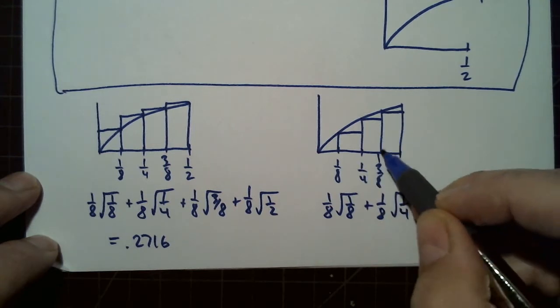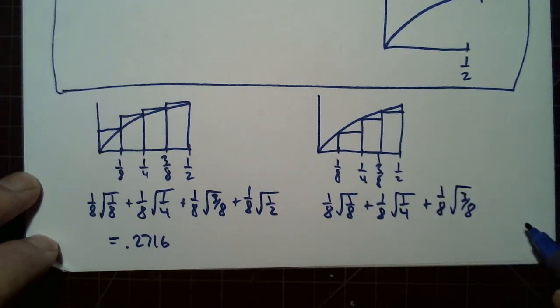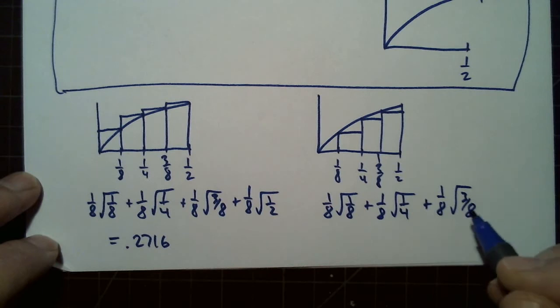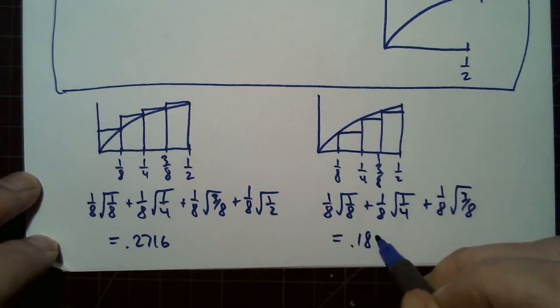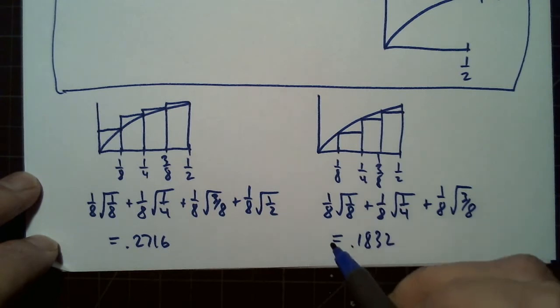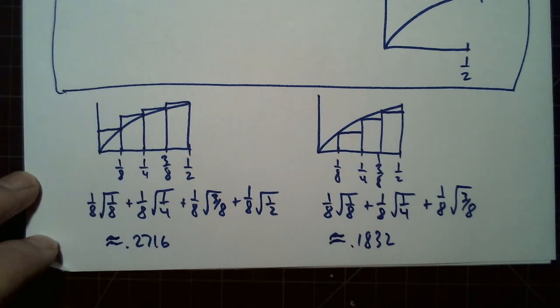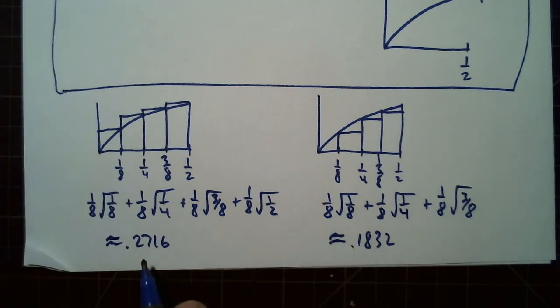And the height of this rectangle is at 3/8. So that's going to be 0.1832. And we should put approximately. So we know that the actual area is between these two numbers.